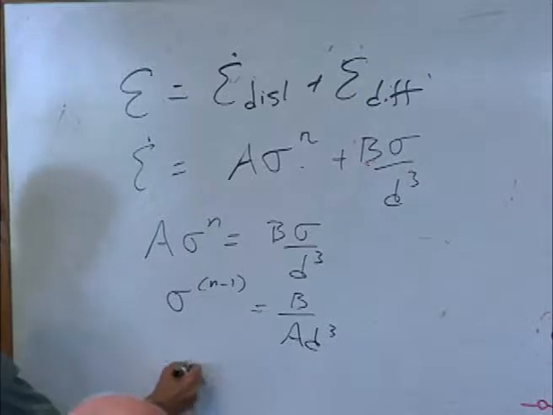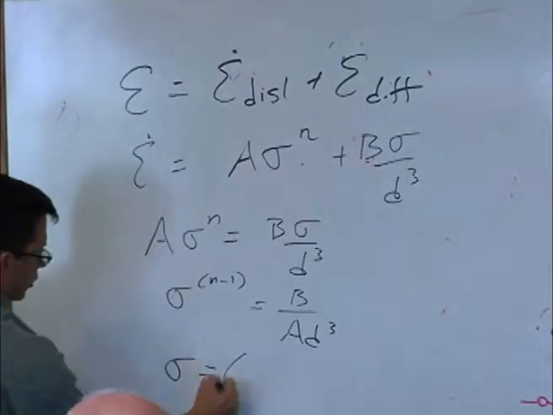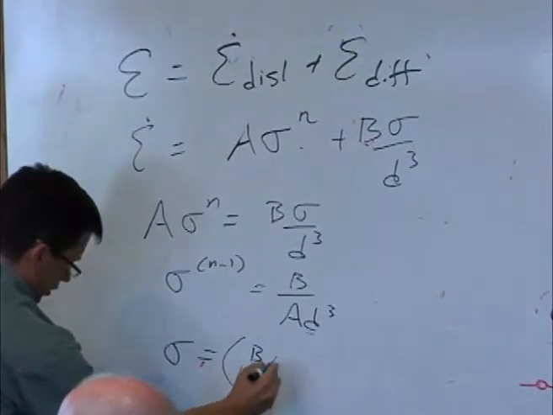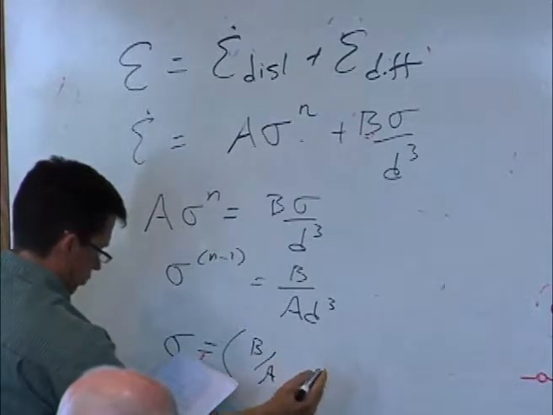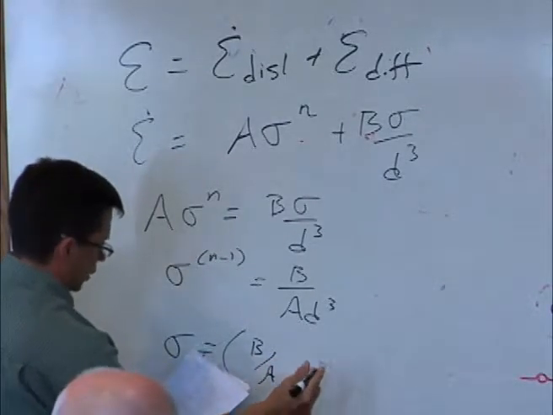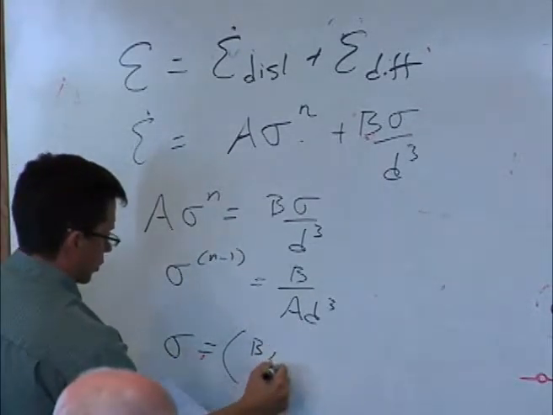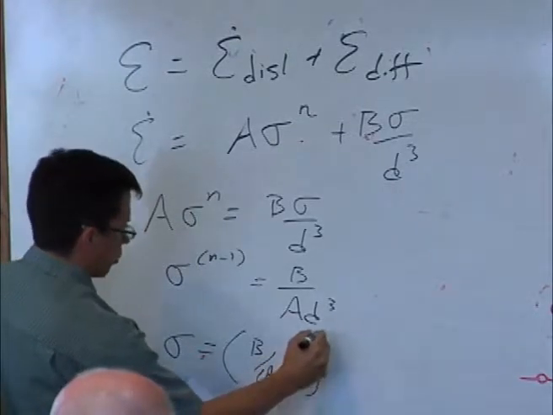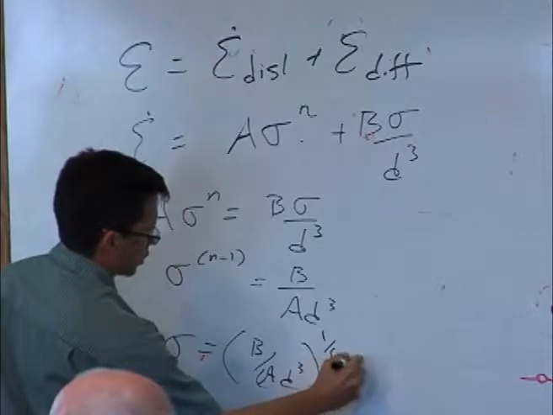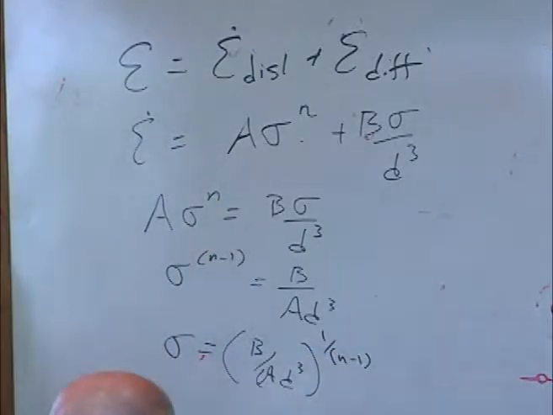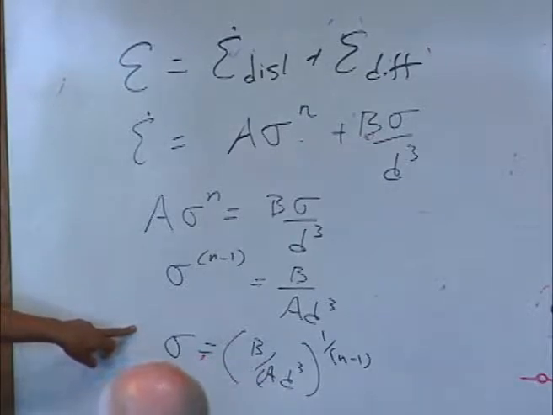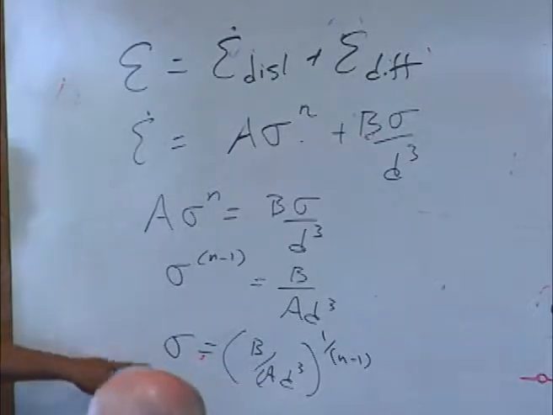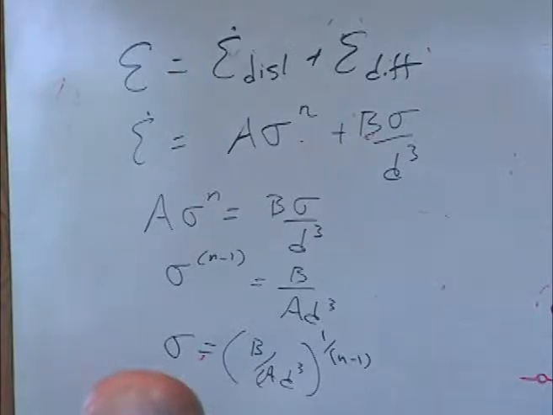And then stress equals B over A times d cubed, all to the 1 over n minus 1. Do you follow that? It's just really simple algebra. That's the equation of the line in stress versus grain size.